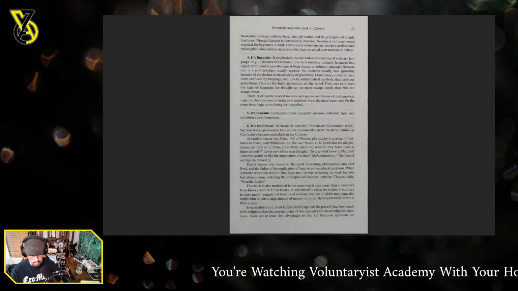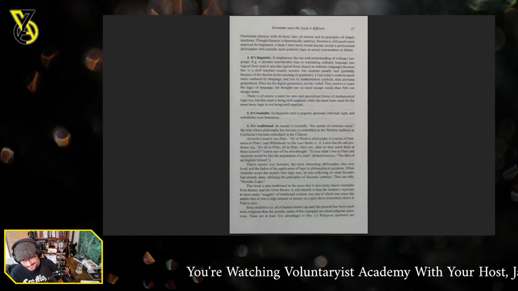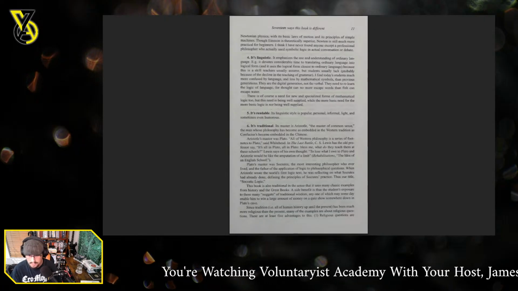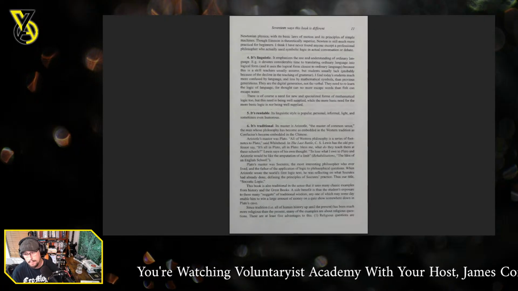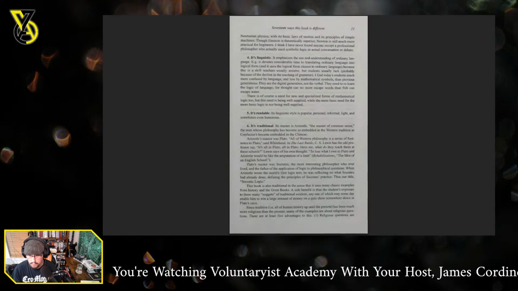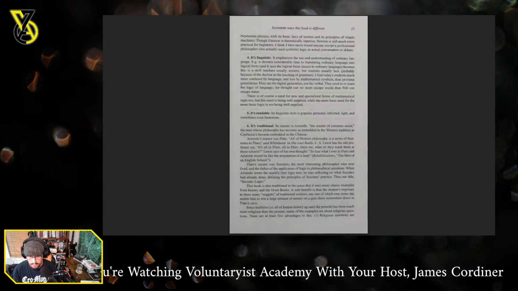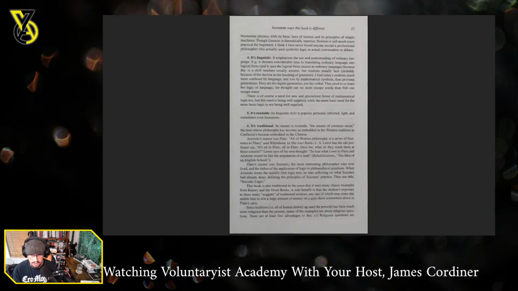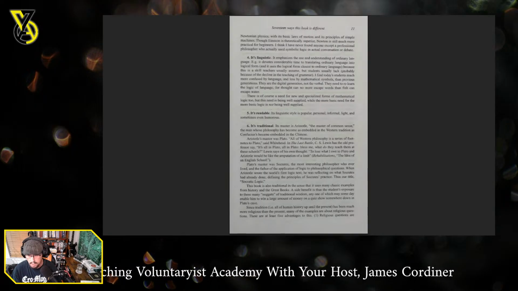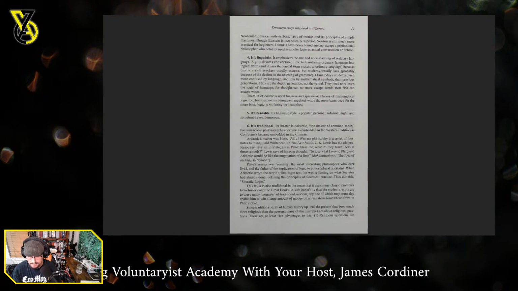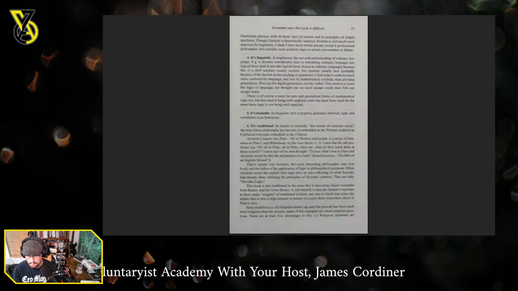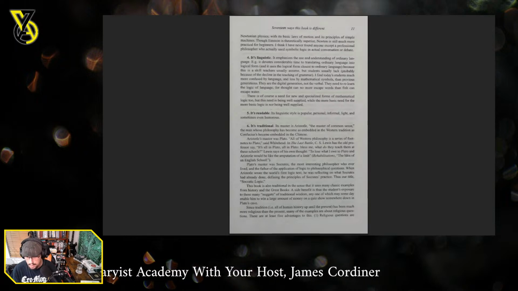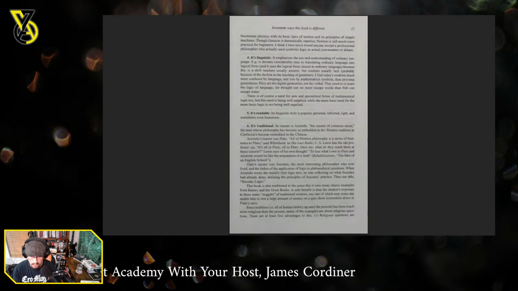Plato's master was Socrates, the most interesting philosopher who ever lived, and the father of the application of logic to philosophical questions. When Aristotle wrote the world's first logic text, he was reflecting on what Socrates had already done, defining the principles of Socrates' practice, thus our title, Socratic Logic.